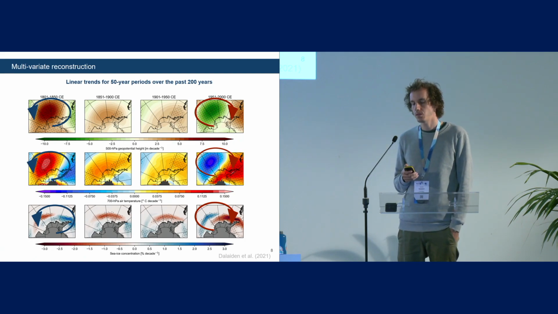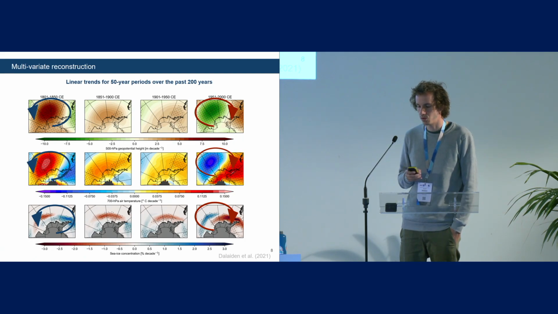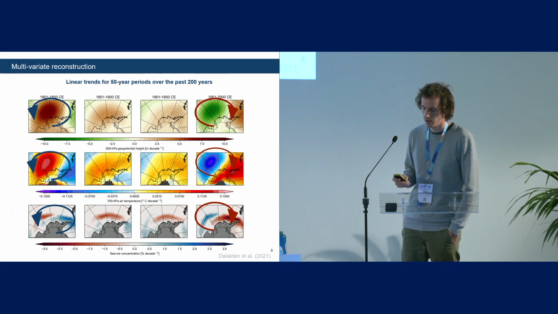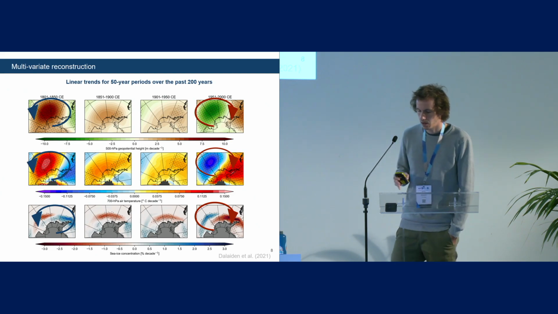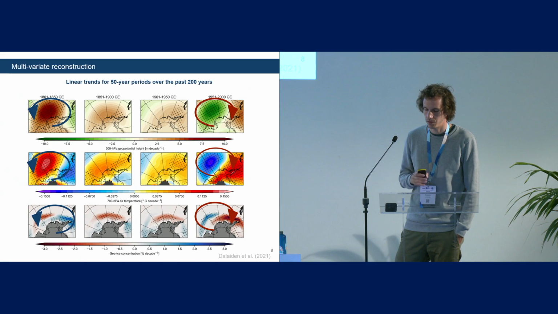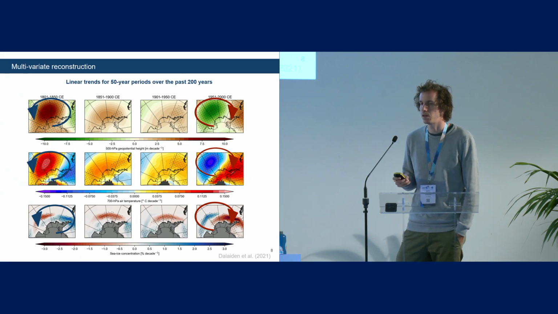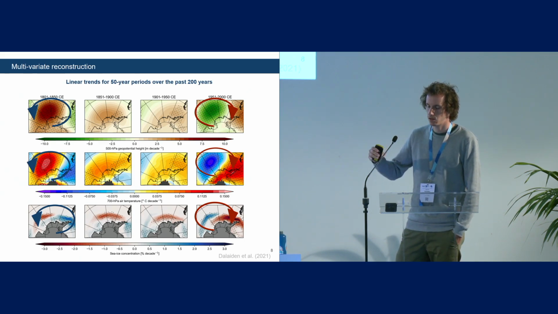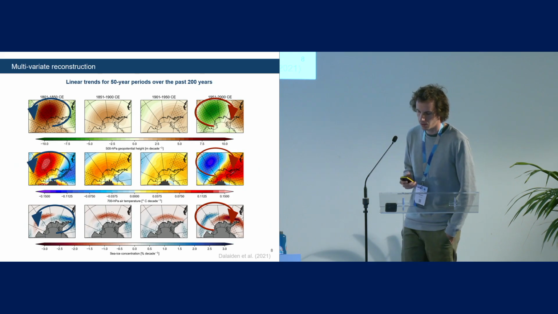And for the last period, it's almost the opposite situation, where we observe a strengthening of the Amundsen Sea Low that brings very warm air toward the peninsula, which explains the sea ice extent decrease in that sector. And on the opposite side, we observe a sea ice extent increase in the Ross Sea, just because the air is coming from the continent.